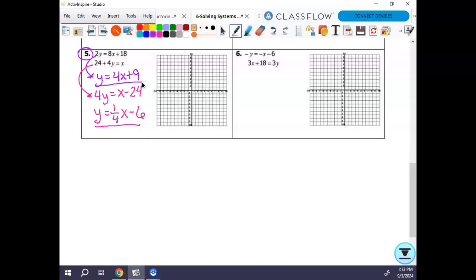And you can check your equations with me, and if you agree with me, then you can go ahead and graph them. And see what you got. If you don't agree with me, ask me a question. Let's figure out why you don't agree with me.